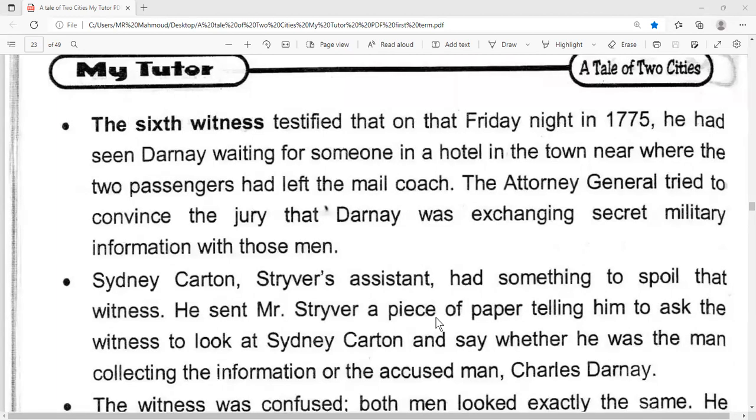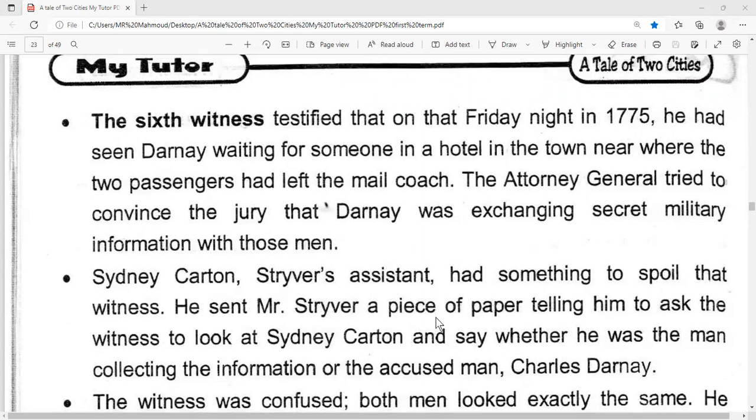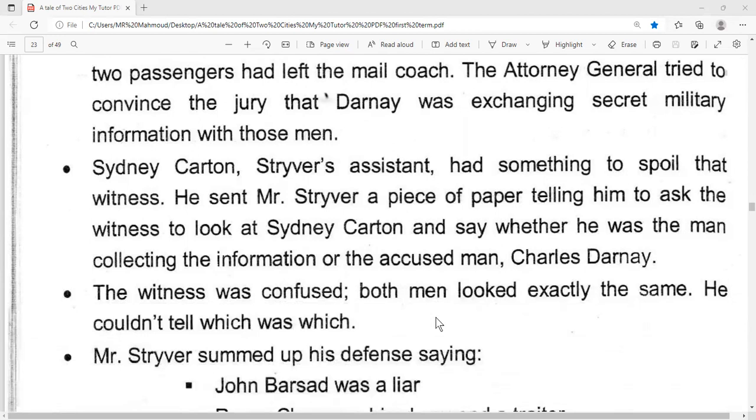The Attorney General tried to convince the jury that Darnley was exchanging secret military information with those men. Sydney Carton, Stryver's assistant, had something to spoil that witness. He sent Mr. Stryver a piece of paper telling him to ask the witness to look at Sydney Carton and say whether he was the man collecting the information or the accused man, Charles Darnley.